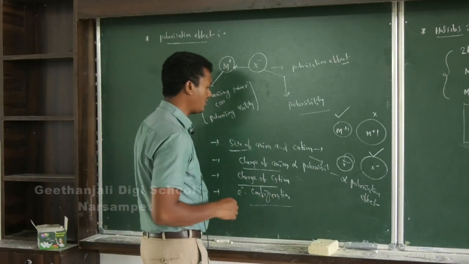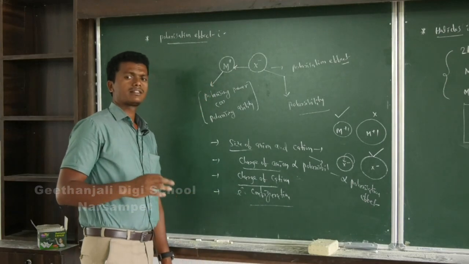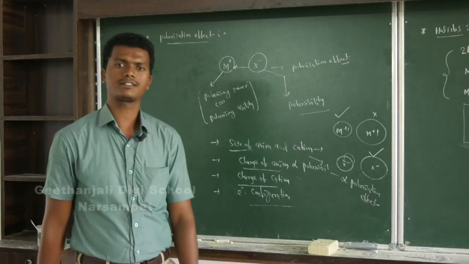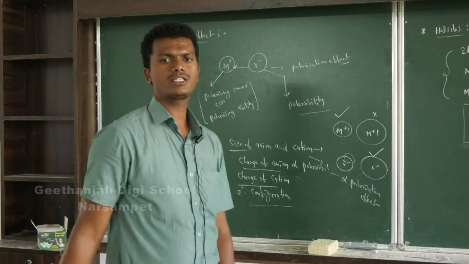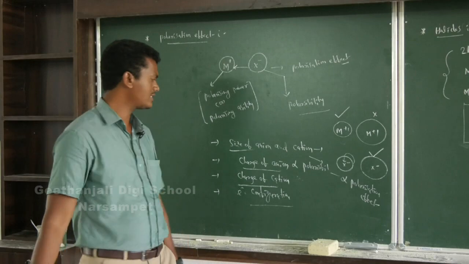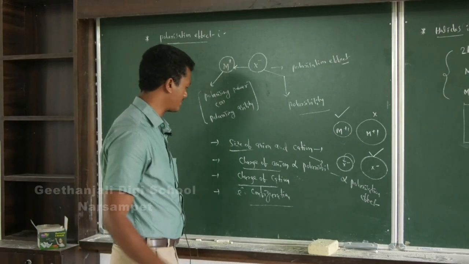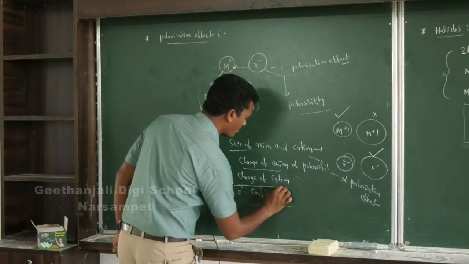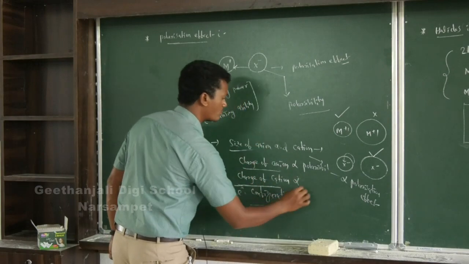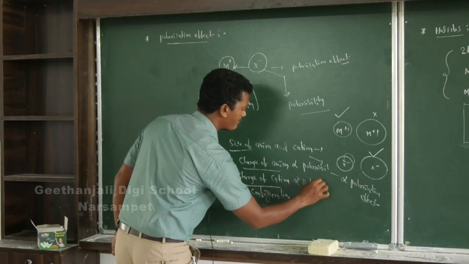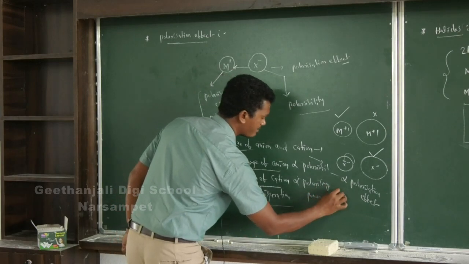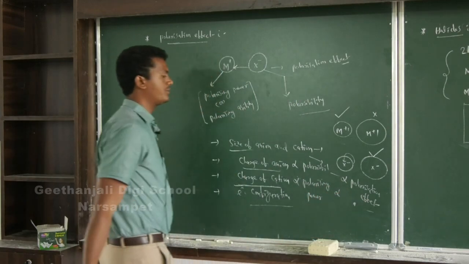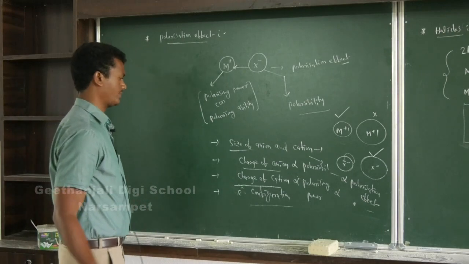When charge of cation increases, size of the cation decreases, because the number of electrons decreases. Effective nuclear charge on the outermost electrons increases, therefore size decreases. So charge of cation is directly proportional to polarizing power. This polarizing power is directly proportional to polarization effect.